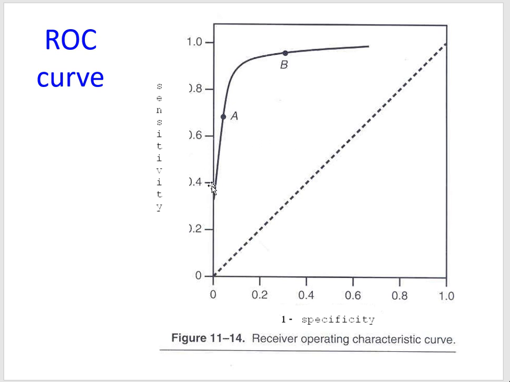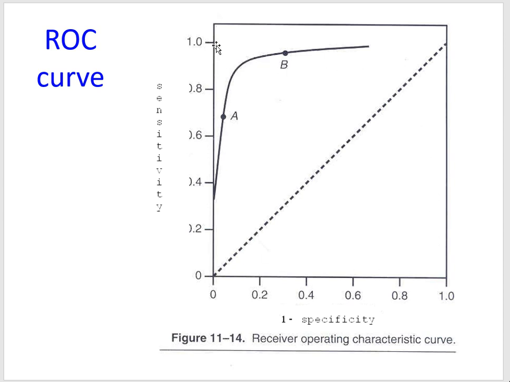If you're using multiple tests and you want to compare which one is the better test, then you do the ROC for each test and you compare them. The curve that has the highest curvature is the best. Now, how do we know the highest one? Well, what we do is we calculate the area under the curve.